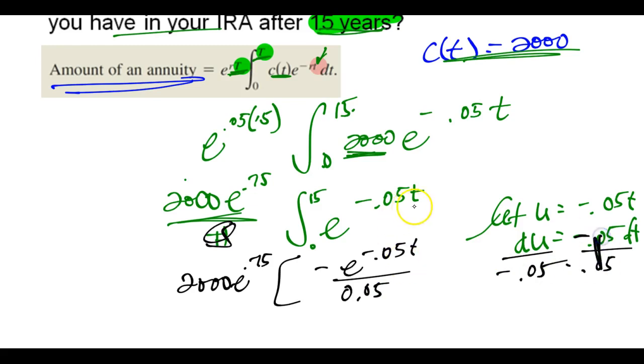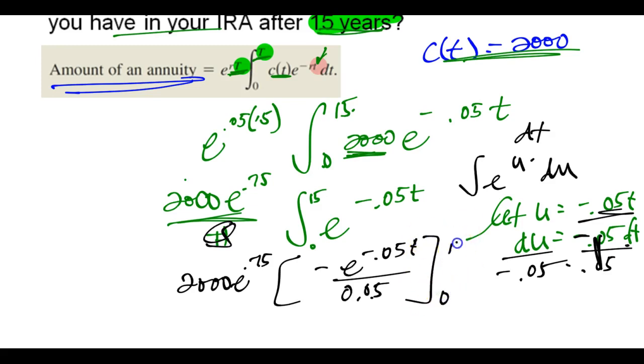So this dt is right here becoming my du. So this is just my e to the u, integral of e to the u and then du. And the integral of e to the u is just e to the u, but u is this. Remember, I'm divided by that. And evaluate this between 0 and 15.